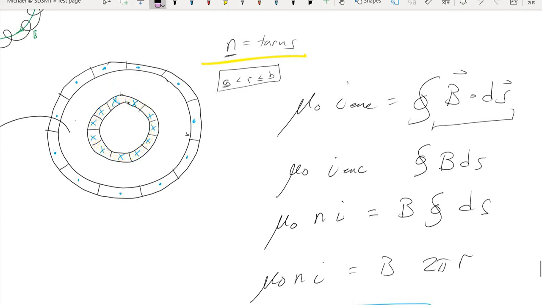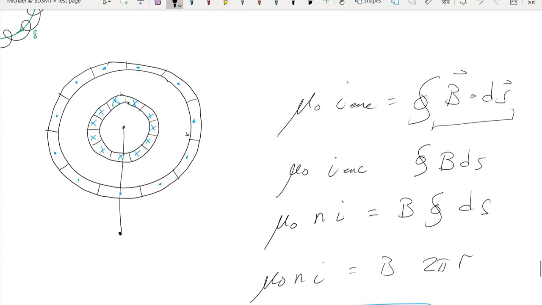And the question I've posed now is, can we measure a magnetic field outside of the toroid? Can I measure a magnetic field right here? Well, try placing an Amperian loop at that radial value.